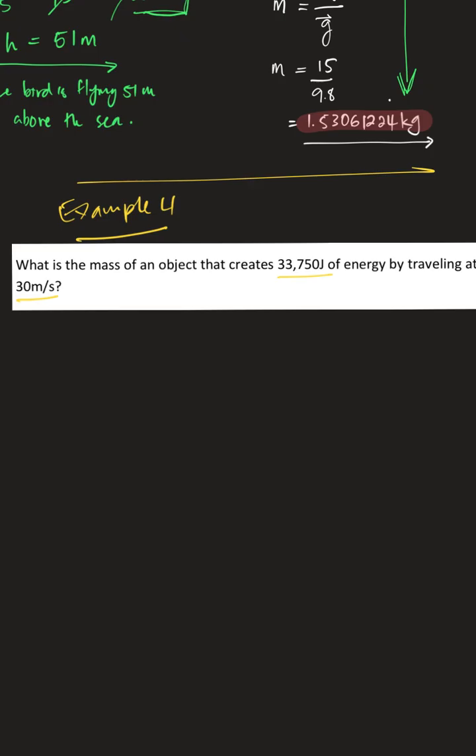So in terms of mass, I've got nothing. In terms of energy, now remember, it is traveling, so I have to have EK. My EK value is 33,750 joules. And my velocity is 30 meters per second.